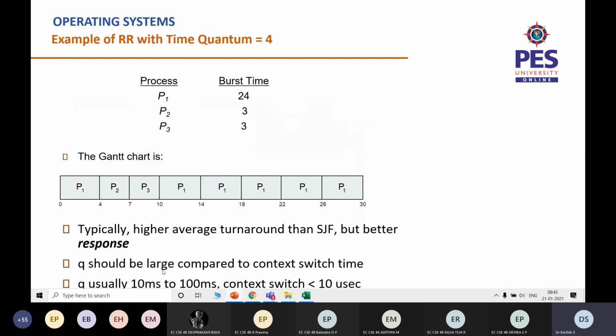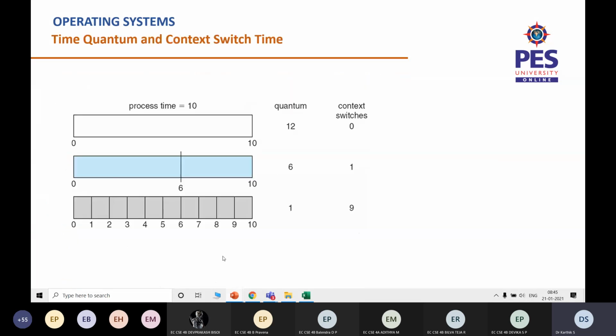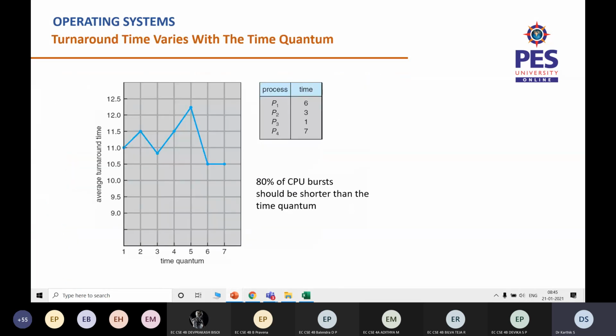That's exactly what we said. If it is too large, then its performance becomes something like FIFO, just like you can see in the 12 case. If it is too short, it requires too much overhead in terms of context switching, right?